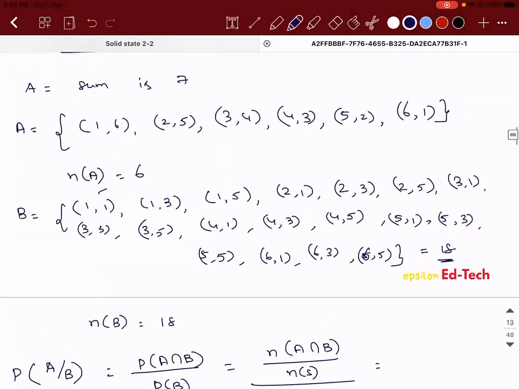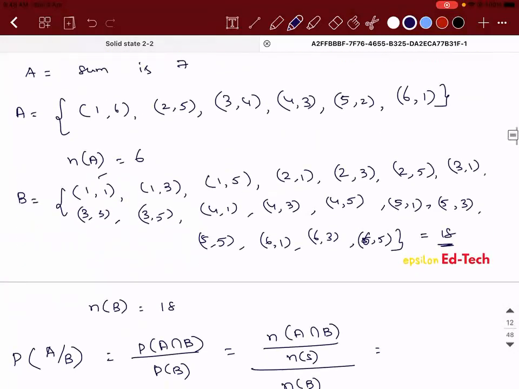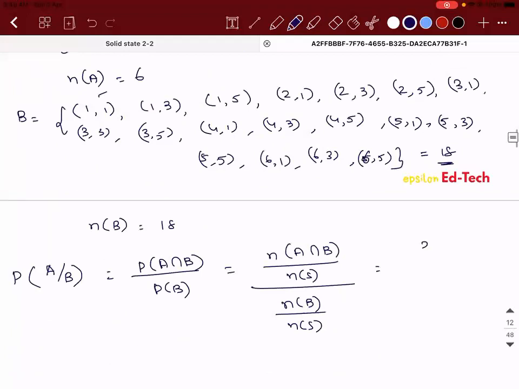Okay. So what are the number of elements that are common in both B and A? I can say 2, 5, 4, 3, and 6, 1. That's it. So it is going to be 3 out of 36 divided by number of elements in B, which is 18 out of the number of elements in sample space, which is 36. Cancel both.